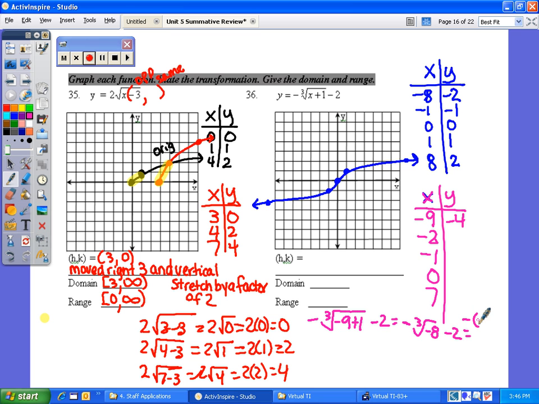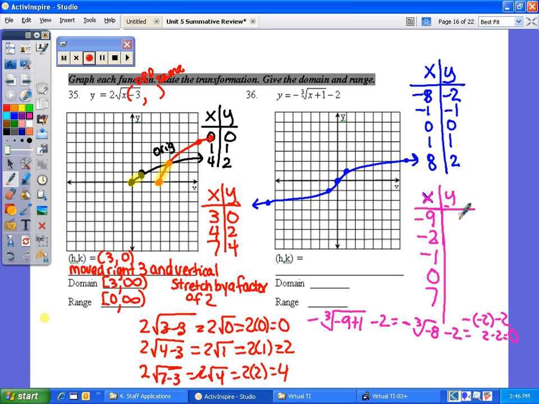So negative of negative 2 minus 2. So that would be 2 minus 2, which is 0. Lots of negatives here to deal with. Okay, so oops. Making all kinds of boo-boos here. Bear with me. It's been a long day.